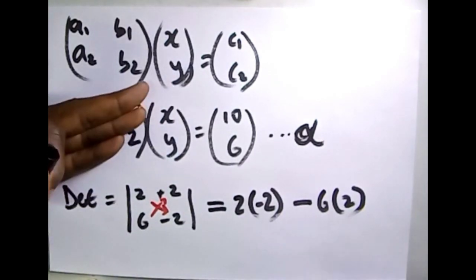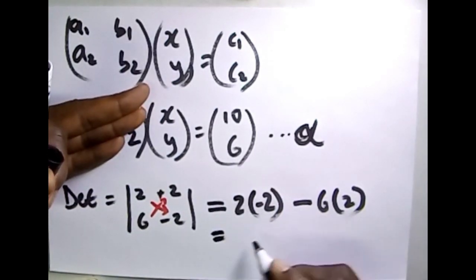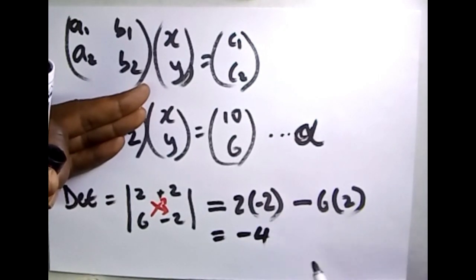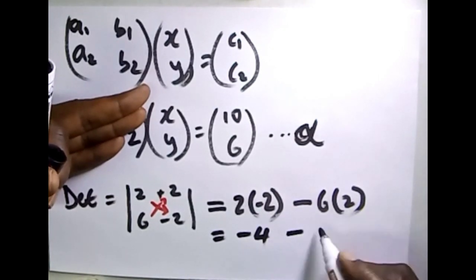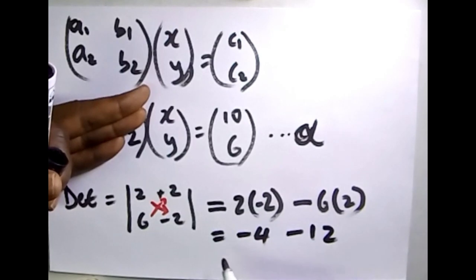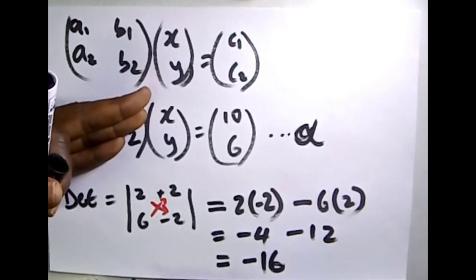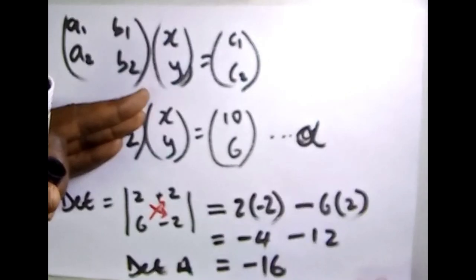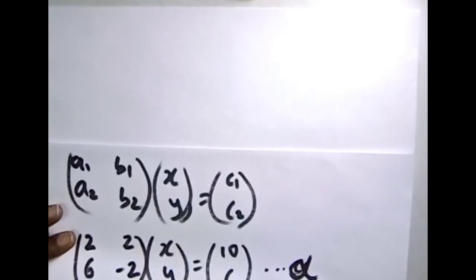So that gives you 2 times minus 2 is minus 4, minus 12, and minus 4 minus 12 is minus 16. So let's just call it det A. Det A is minus 16.